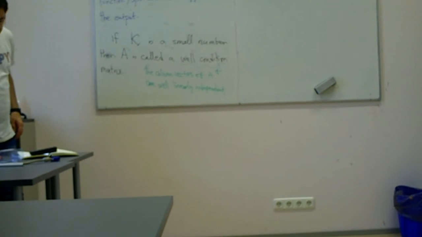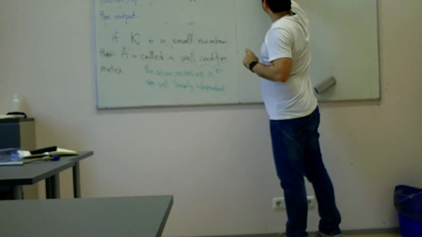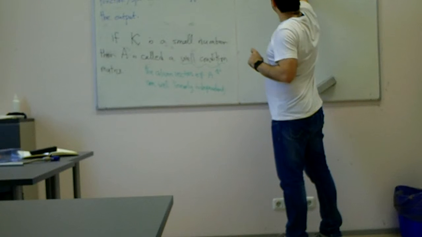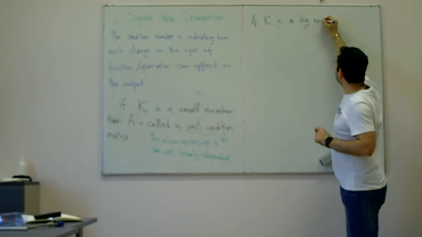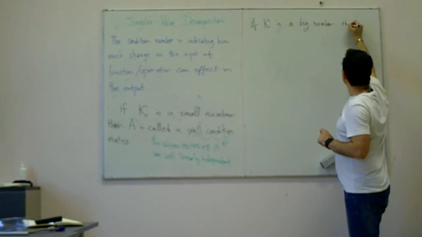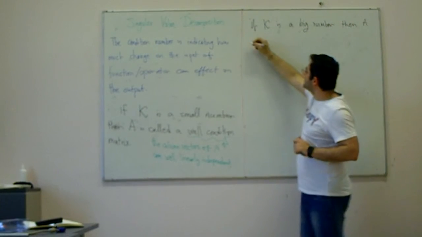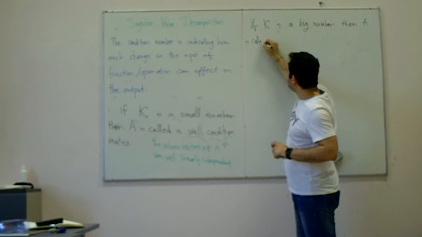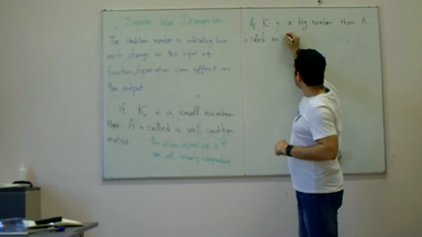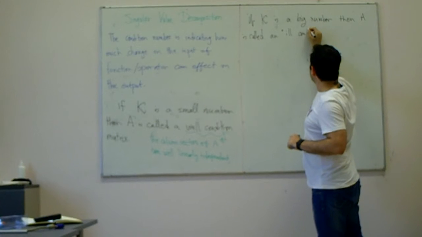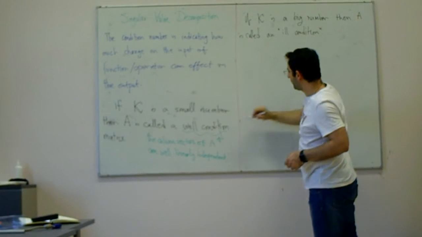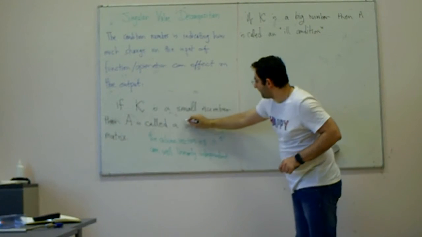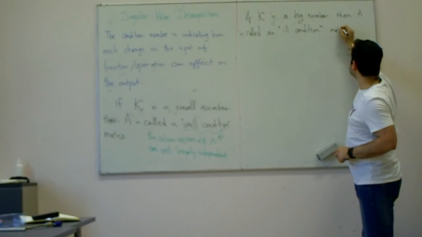So what is the second situation? If kappa is a big or large number, then A is called, what is it called, Lina? An ill-conditioned matrix or operator.